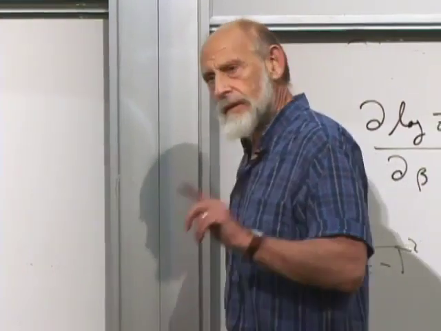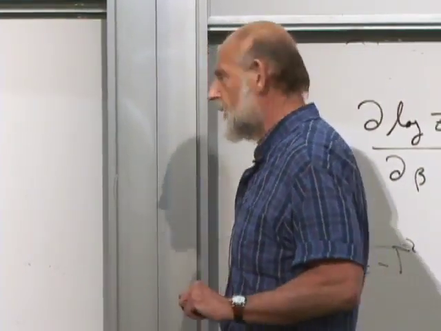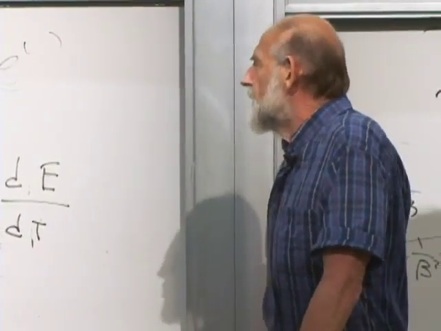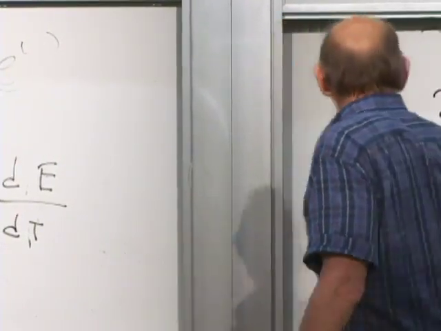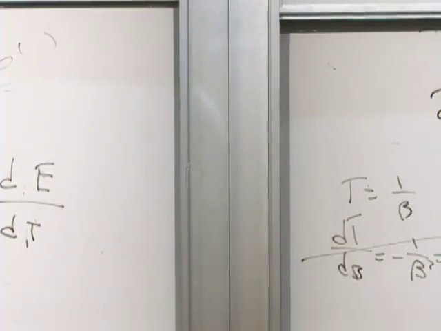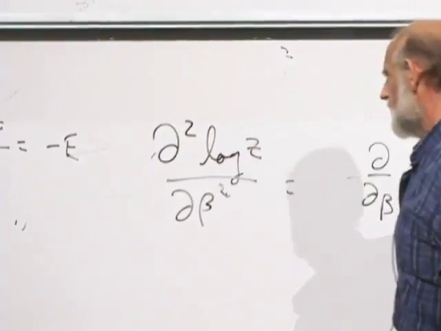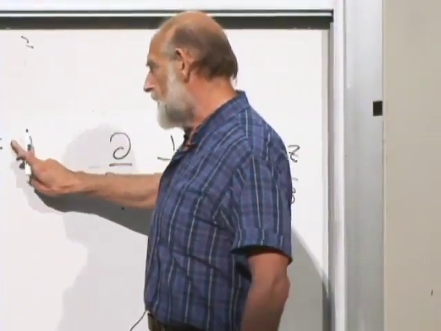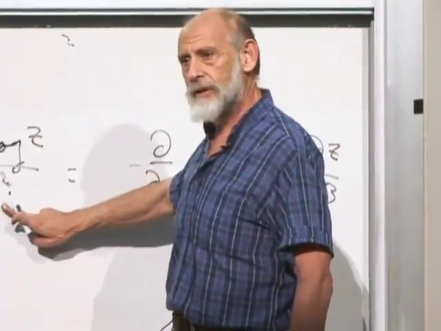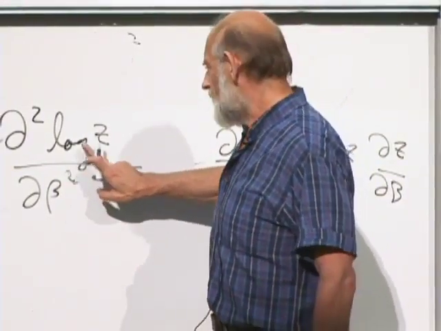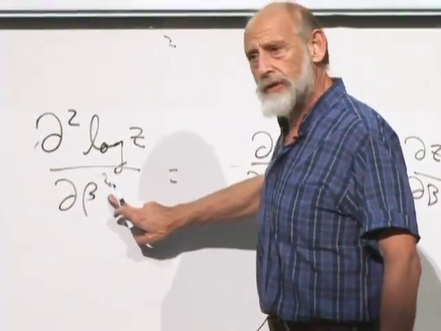Could we go back just a second here? Yes. We showed that the delta E squared is the second derivative of log Z with respect to beta squared. How do we get that? The first derivative is just the energy. Right. The d log Z by d beta, apart from the sign, is the energy.